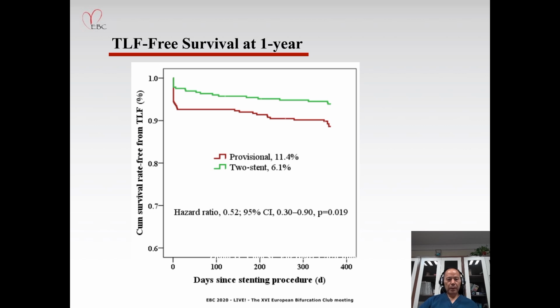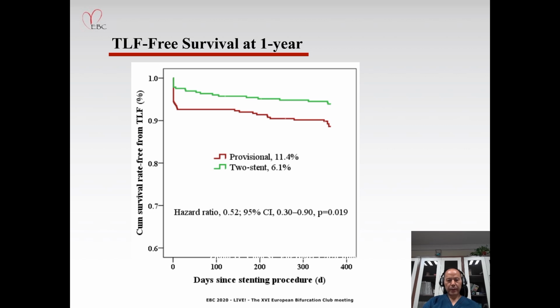At 1 year follow-up, the Kaplan-Meier survival curve showed very early separation between two groups, mainly because of the high rate of target vessel myocardial infarction in the provisional group compared to two-stent group. After 6 to 7 months follow-up, the increase of TLR induced further separation of two curves.